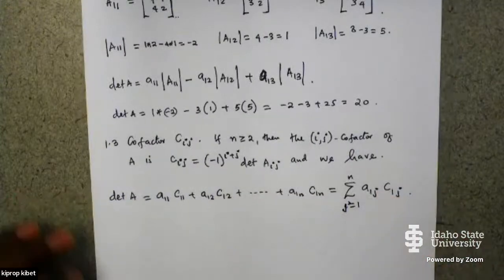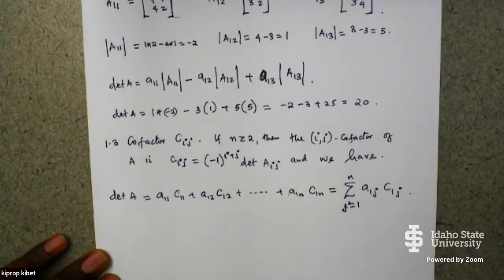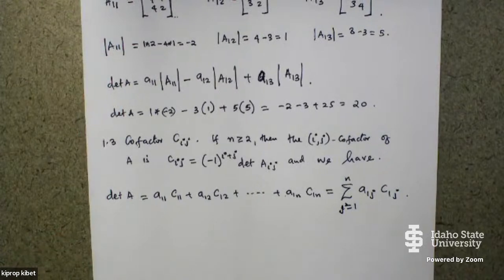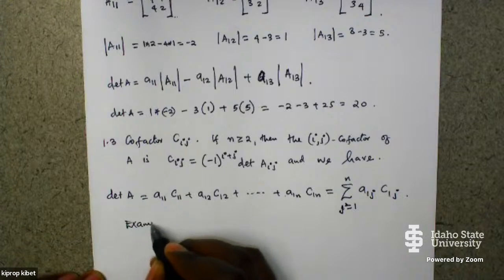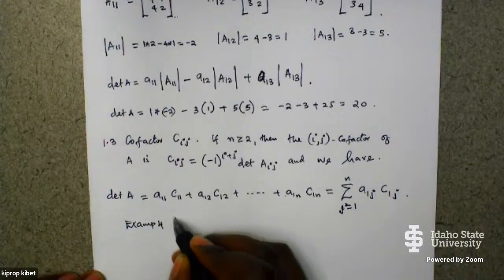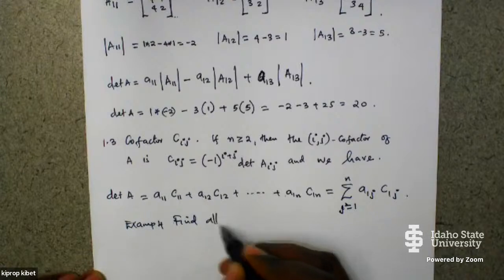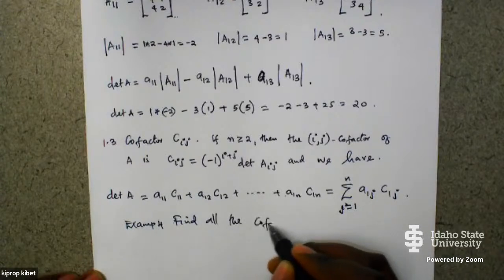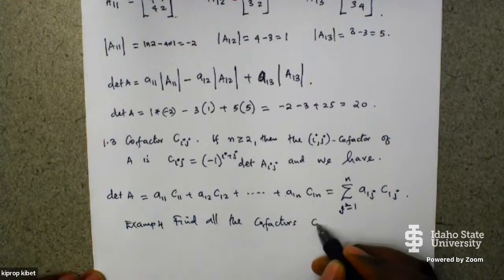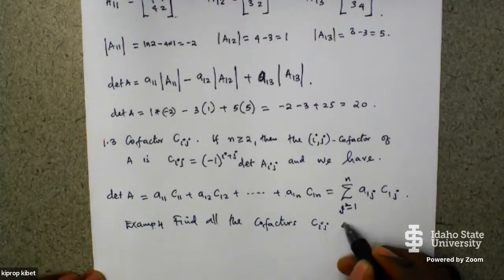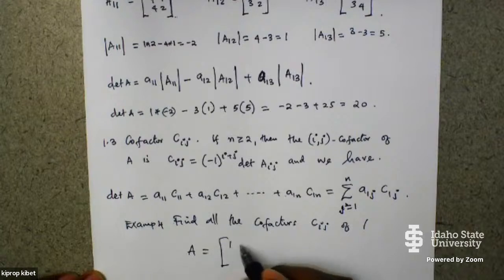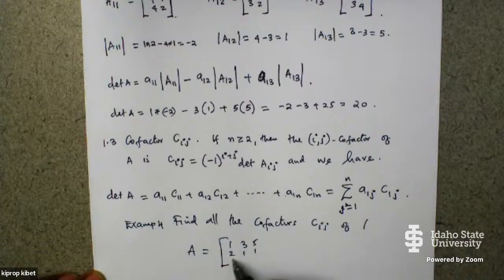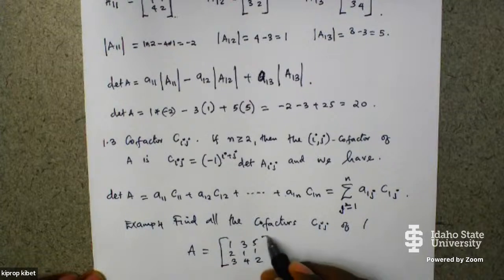So now, if we are given the matrix, like the one which we just had here, the matrix A, example number 4: find all the cofactors Cij of A, which equals 1, 3, 5, 2, 1, 1, 3, 4, 2.